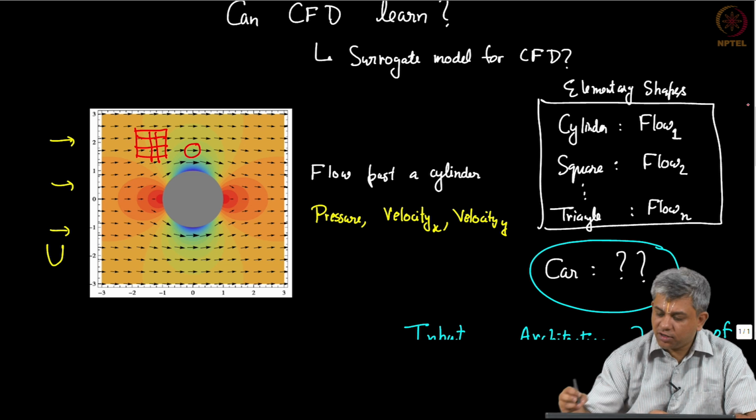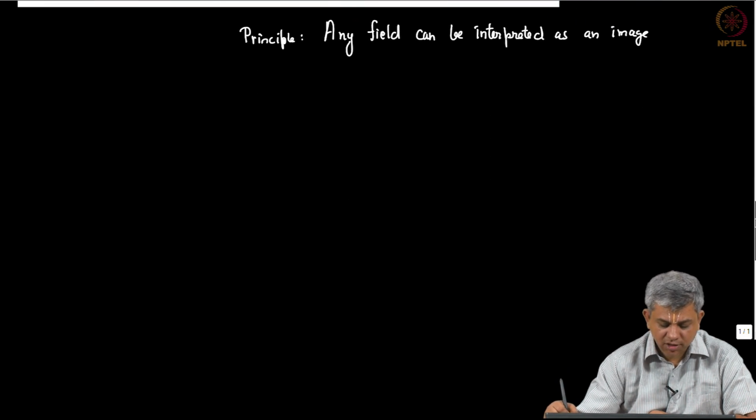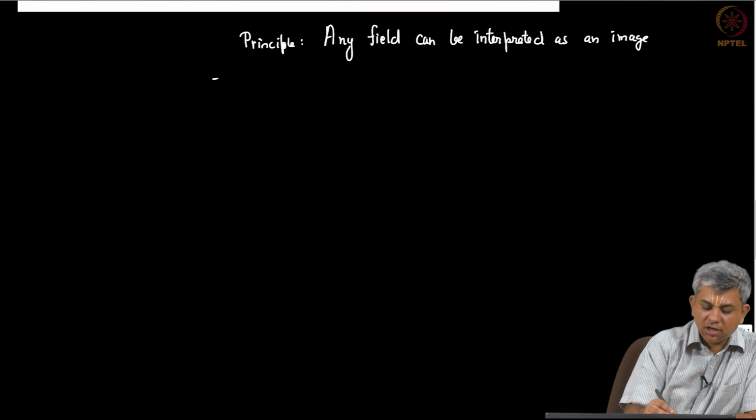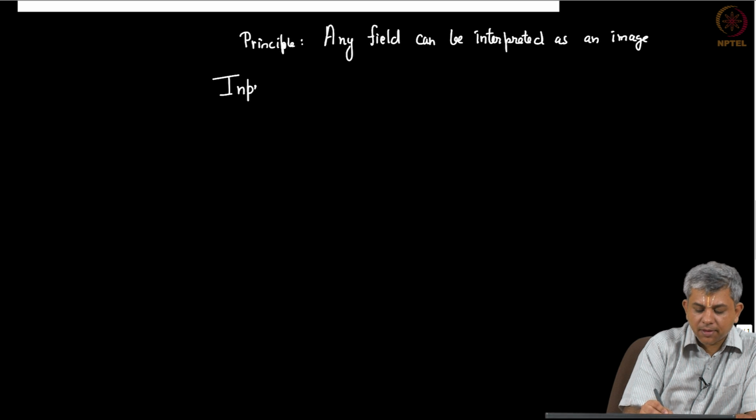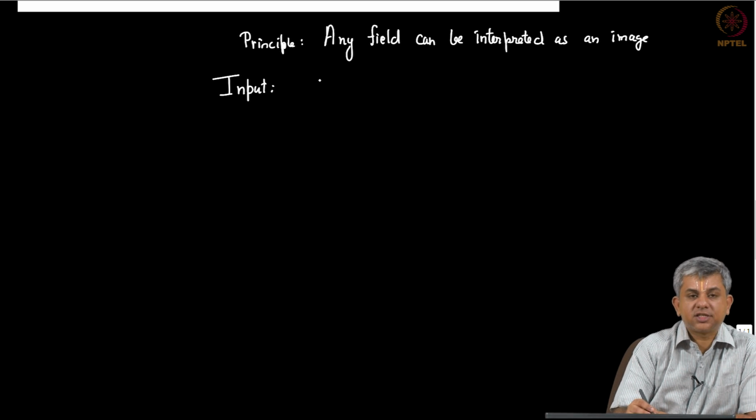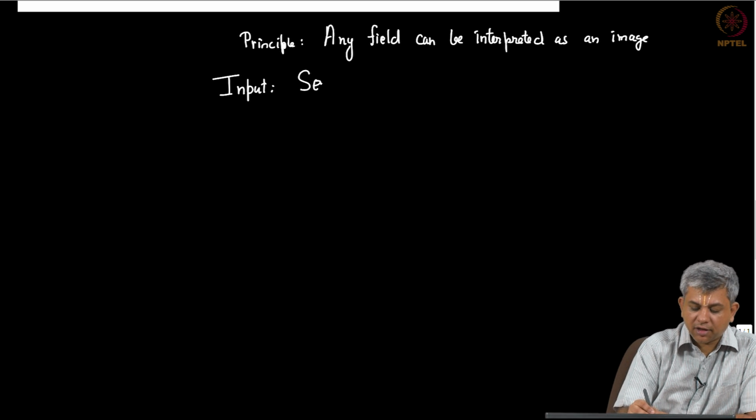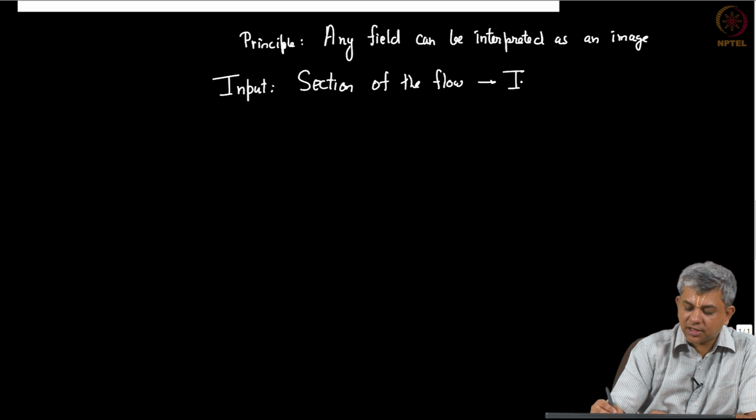Okay. So, the idea that these people used was that the input is simply a section of the flow, taken as an image.